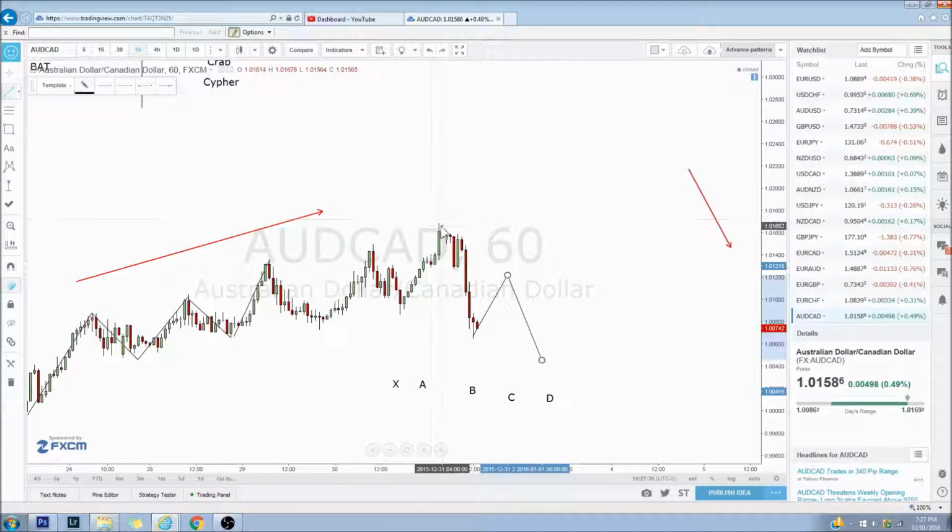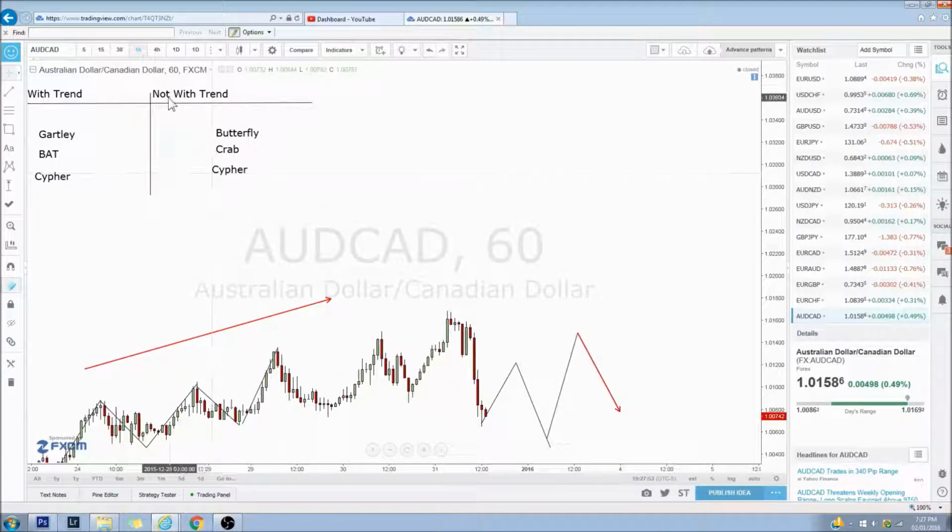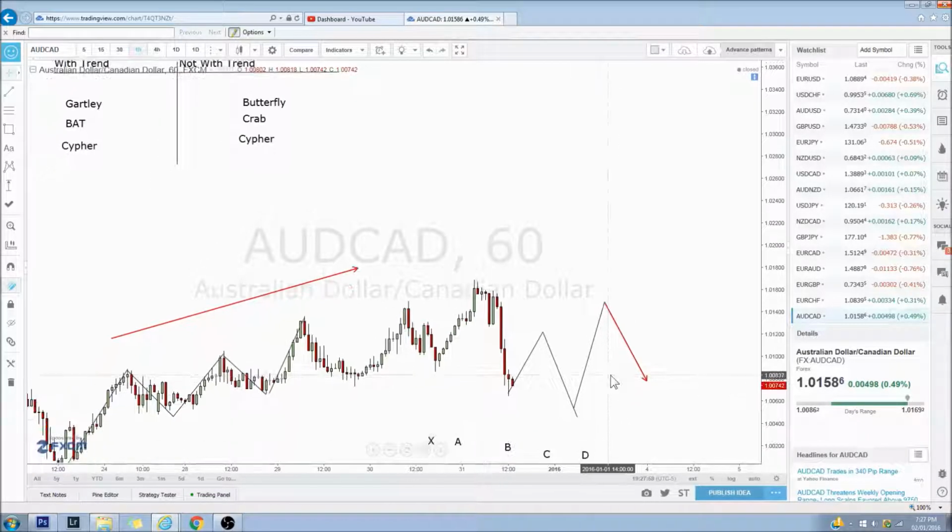This is where the cipher would come into play. Down here, up, down, and then it would come back up, and we would be able to take the cipher down, which would classify as not with trend because we are taking it down.